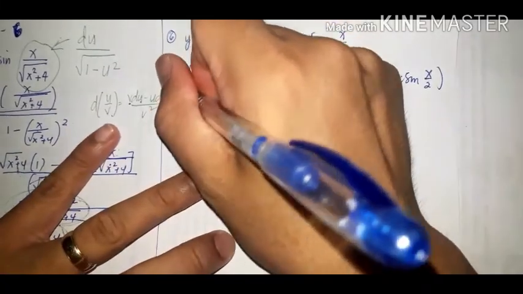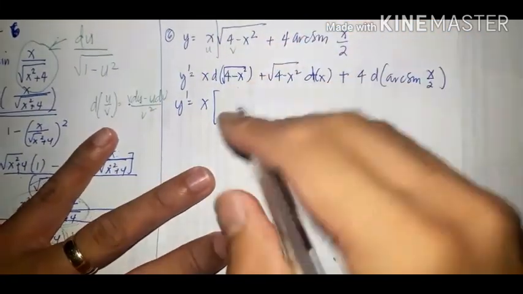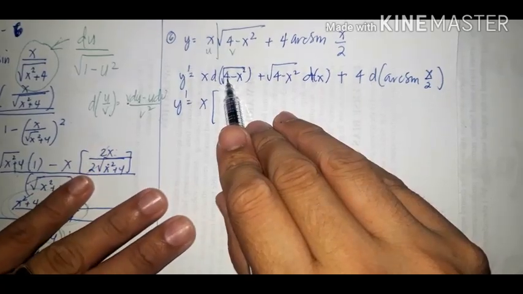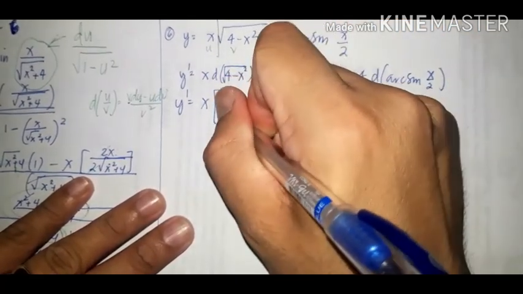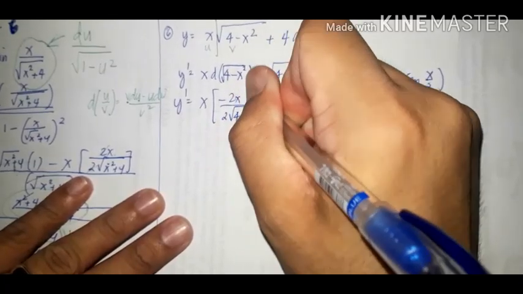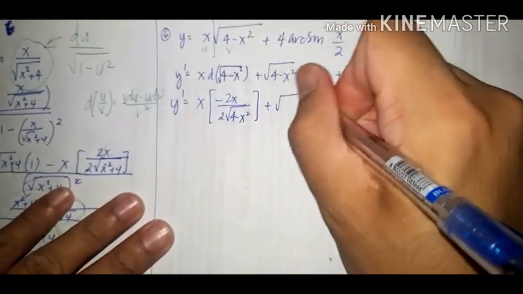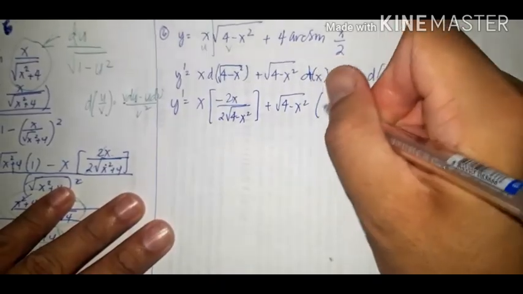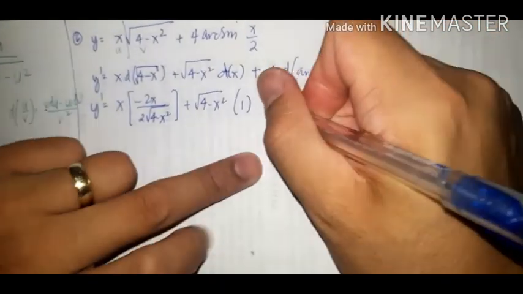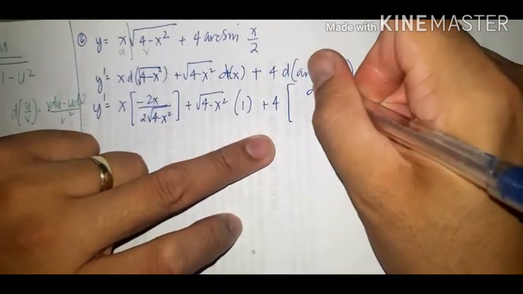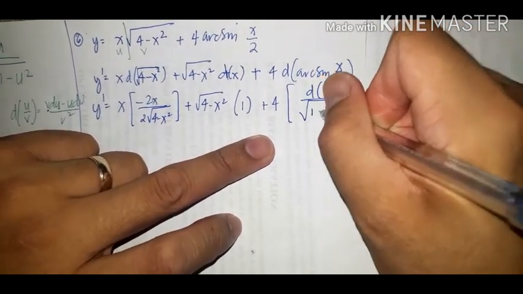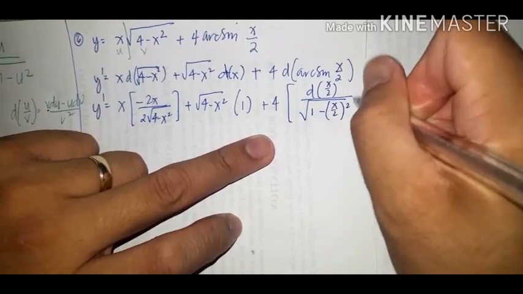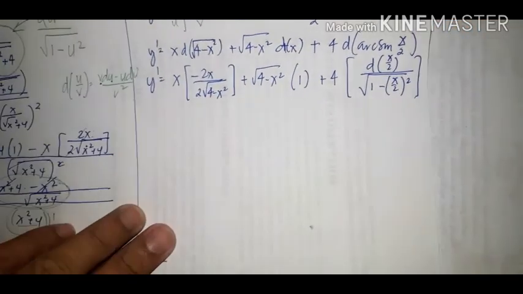So, your y prime here is x, derivative of square root of u ulit. So, derivative ni 4 minus x squared is negative 2x over 2 square root of 4 minus x squared plus square root of 4 minus x squared times the derivative of x is 1 plus 4 times the quantity derivative of x over 2 over the square root of 1 minus x over 2 raised to the second power.